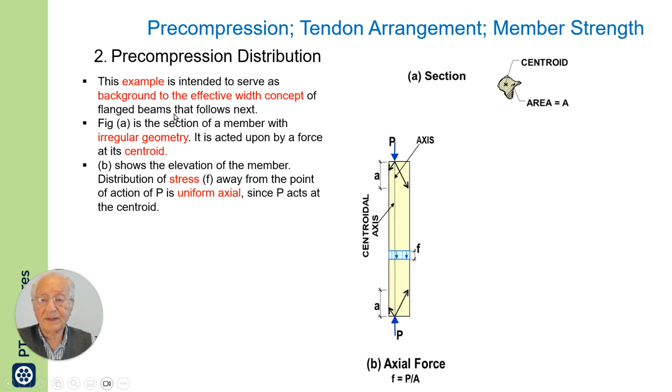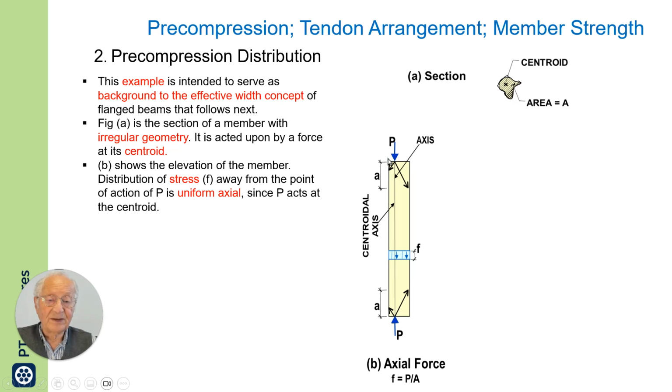The example that I'm giving here is intended to serve as background to the effective width concept of flange beams that follows next. So this example is providing you with the background. Figure A shown here is the section of a member with irregular geometry.